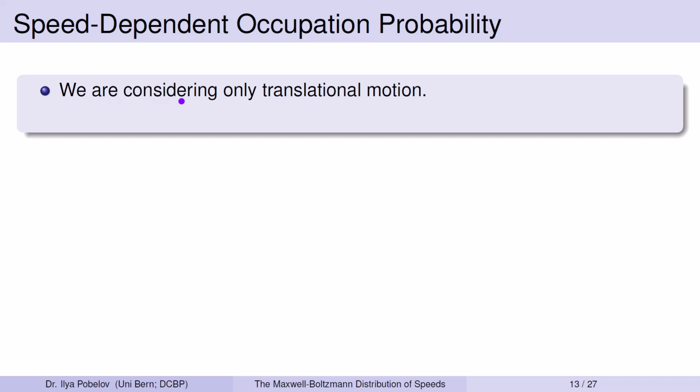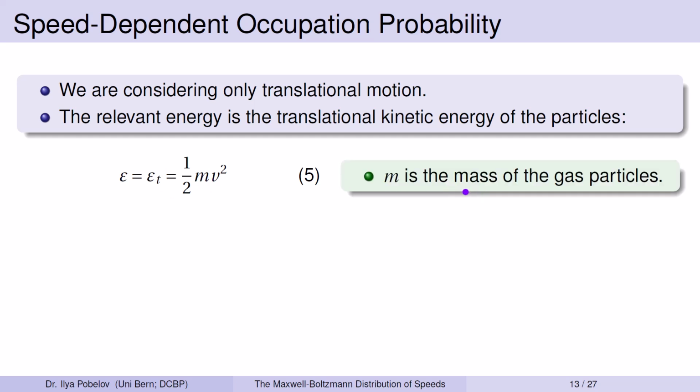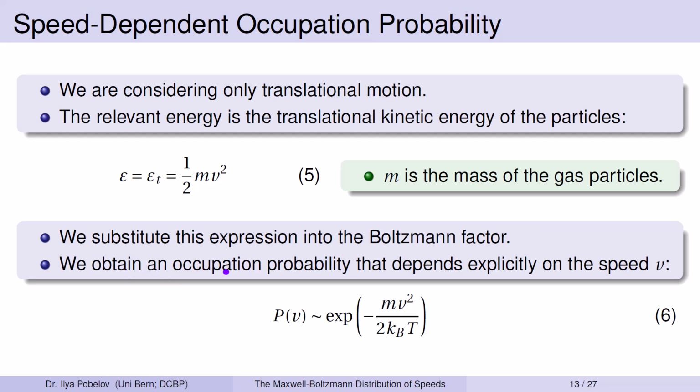Since we are considering only translational motion, the relevant energy here is the translational kinetic energy of the particles. It is given by 1/2 times m times v squared. Here, m is the mass of the gas particles. By substituting this expression for the translational energy into the Boltzmann factor, we obtain an occupation probability that depends explicitly on the speed.